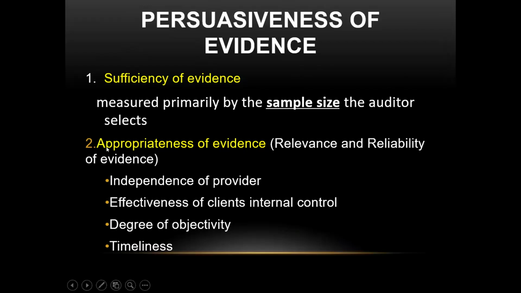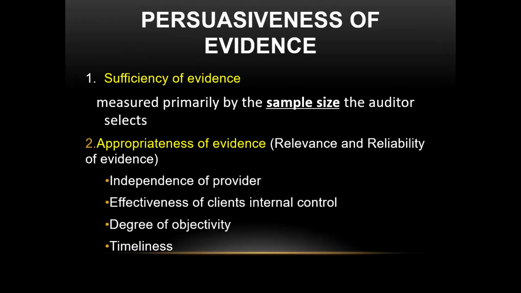And the second one is the appropriateness of evidence. So the relevance and reliability of evidence. Where did the auditor get the evidence from? The example before is the auditor analyzed the journals, right? Appropriateness of evidence means the independence of the provider. So who provided the journals?